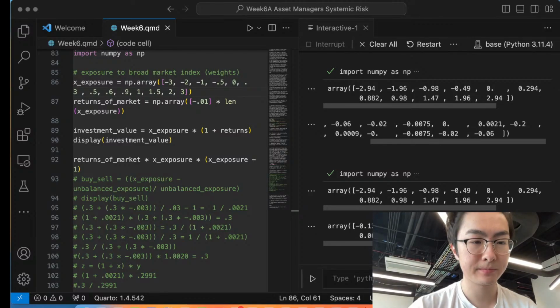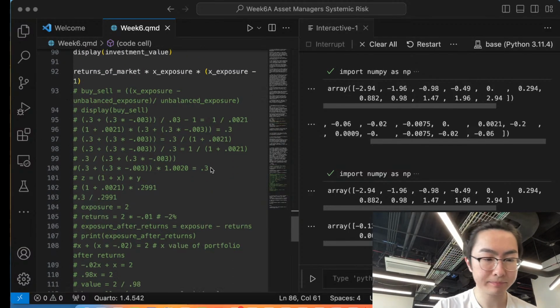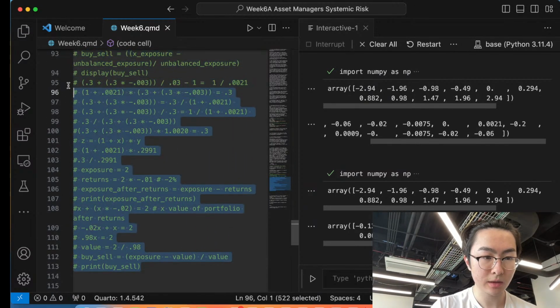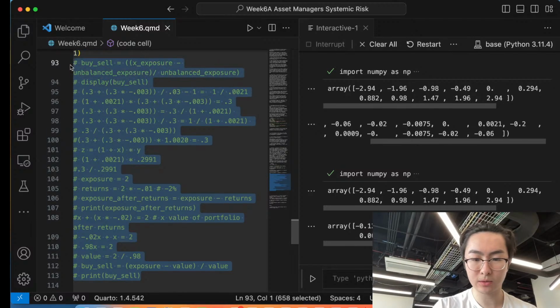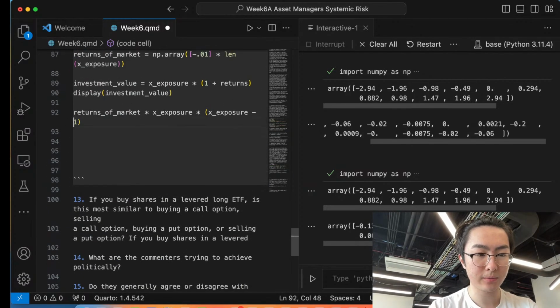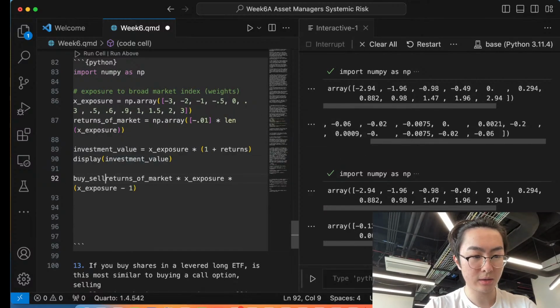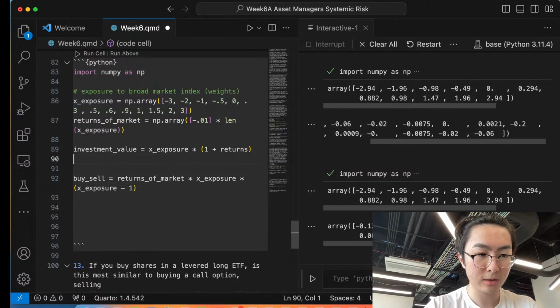All right. So I'm going to use this for now. So buy sell is equal to, all right.